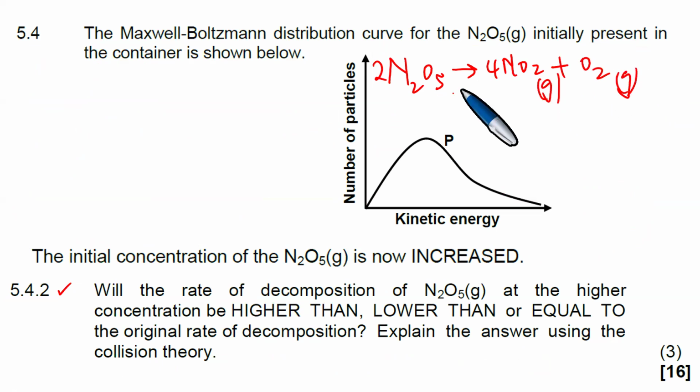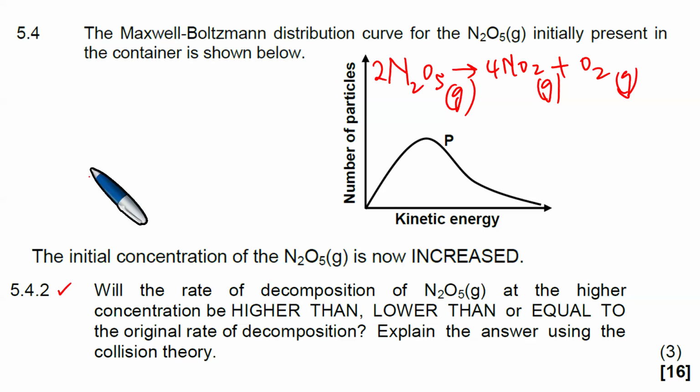These are all gases. We're saying the initial concentration of N2O5 is now increased. Will the rate of decomposition of N2O5 at the higher concentration be higher than, lower than, or equal to the original rate of decomposition? Explain the answer using collision theory.